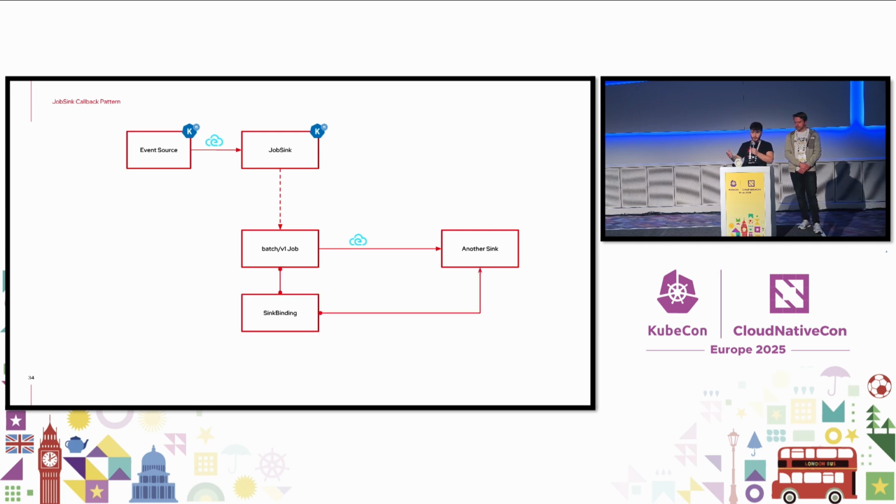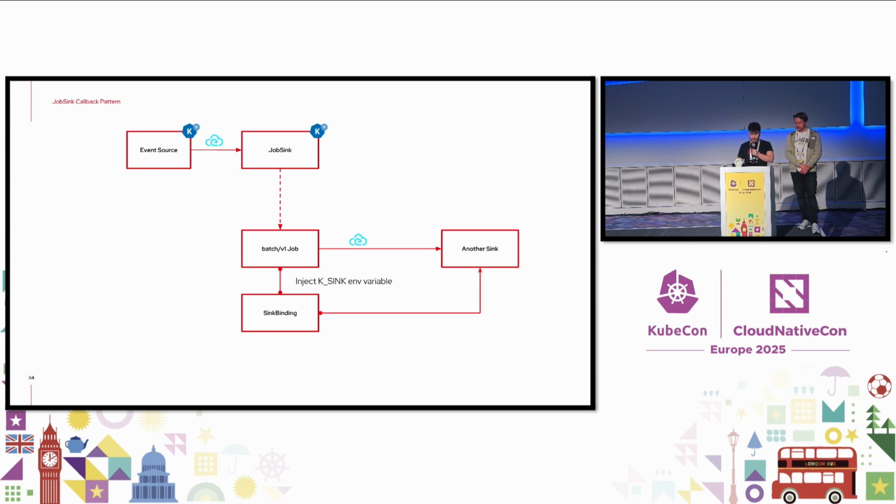To do that, we also reuse some existing features. If you're not familiar with SinkBinding, the idea of SinkBinding is to inject an address into a resource that looks like a pod. So it could be a deployment, a job, stateful sets, daemon sets, up to you, or even custom resources, and it injects an address as an environment variable.